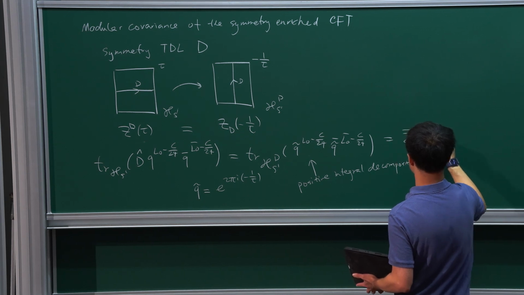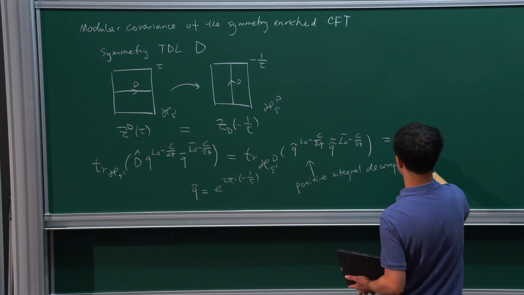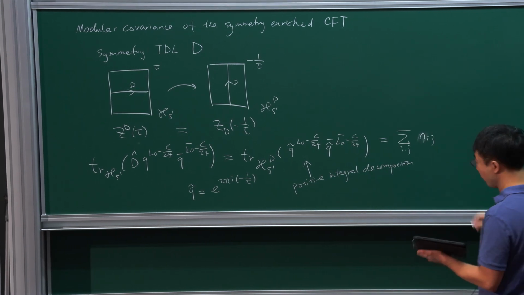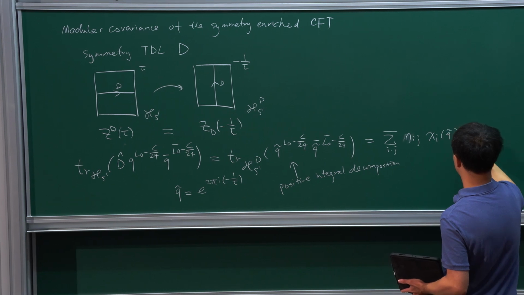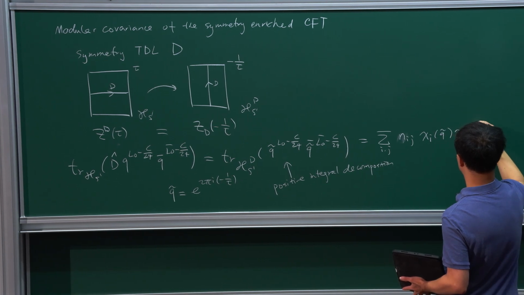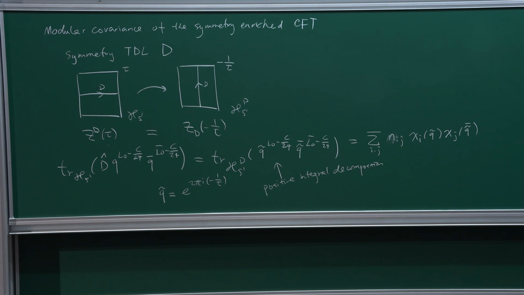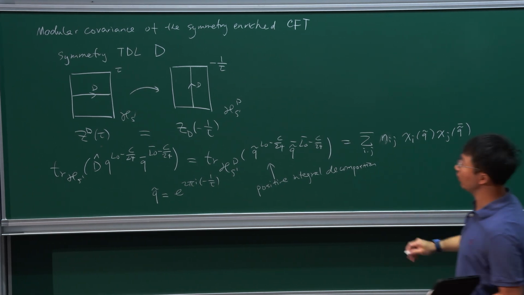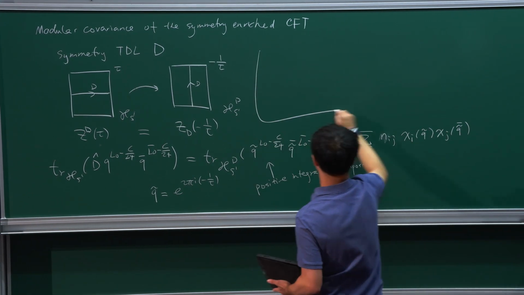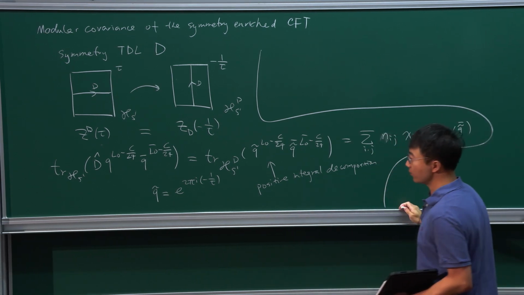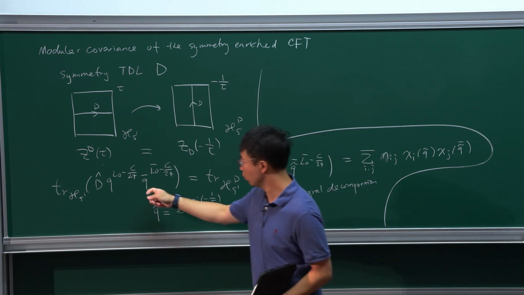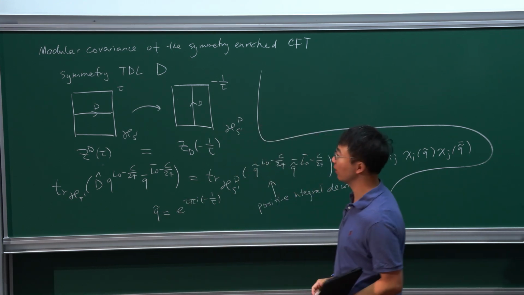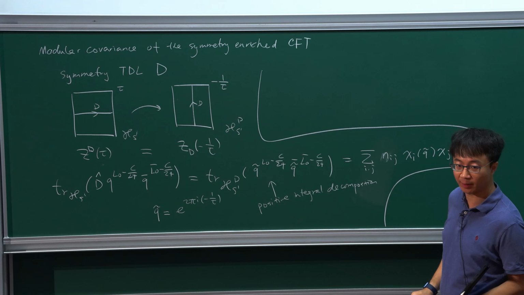Let's call that N_ij, where you sum over the representations labeled by i and j, weighted by the corresponding characters. And this is a very powerful equation, despite how simple it looks, because this equation holds for arbitrary q and q bar, as long as the tau is on the upper half plane.